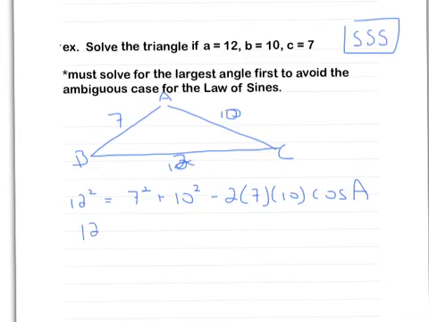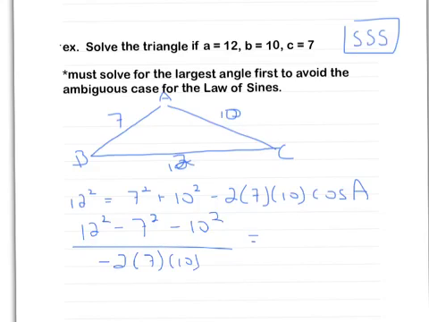I'm going to have 12 squared minus 7 squared minus 10 squared, all divided by negative 2 times 7 times 10, and that's going to equal the cosine of A. All I did was subtract the 7 squared from both sides, the 10 squared from both sides, and then I divided by the negative 2 times 7 times 10, so that I had the cosine of A by itself. And I can put this all into my calculator.